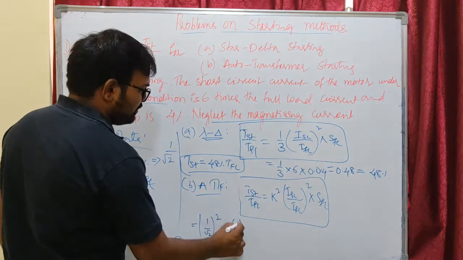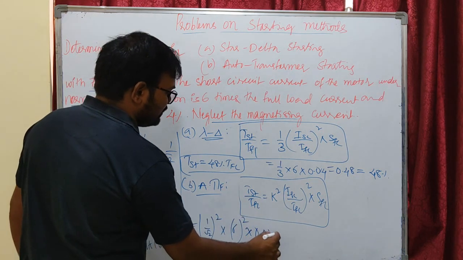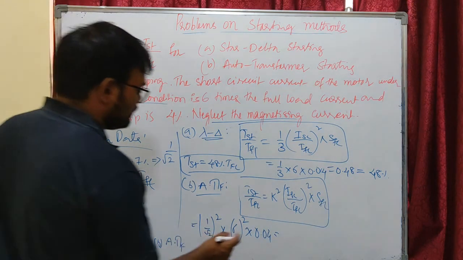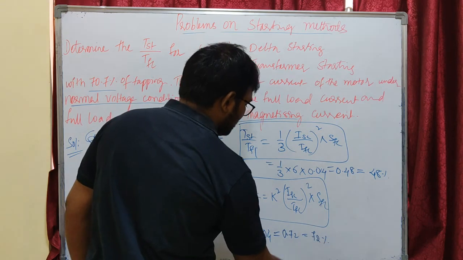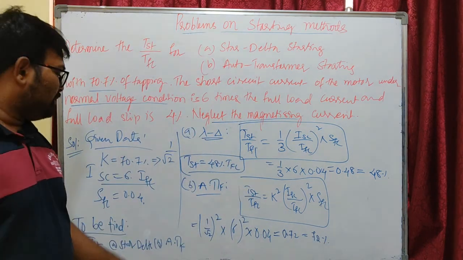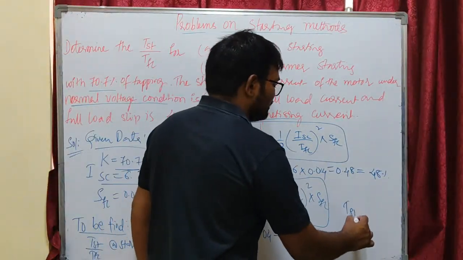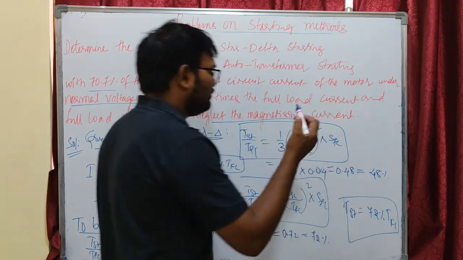The ratio between short circuit current to full load current is 6, and the full load slip is 0.04. So that will become 0.72, which is nothing but 72%. With 1 by root 2, 70.7% of tapping, we can obtain our starting torque in auto transformer starting equal to 72% of full load torque.